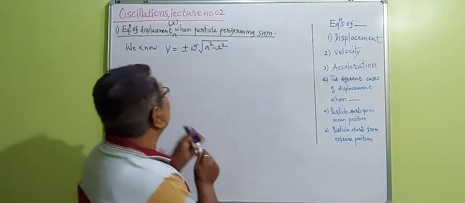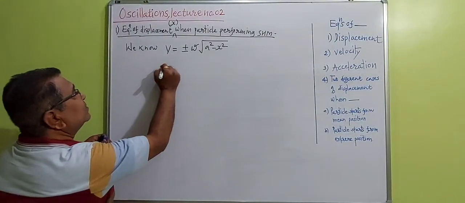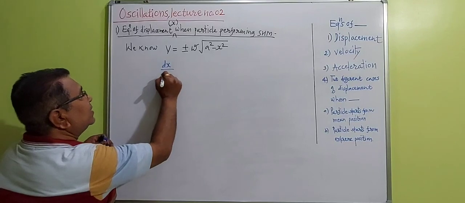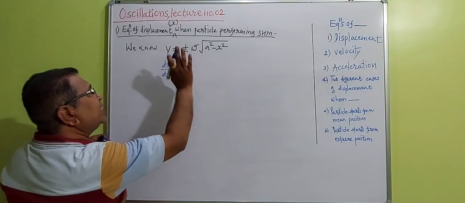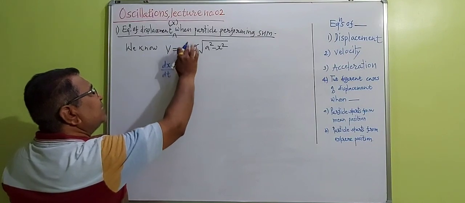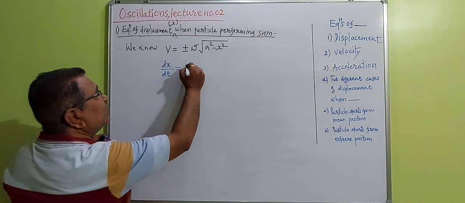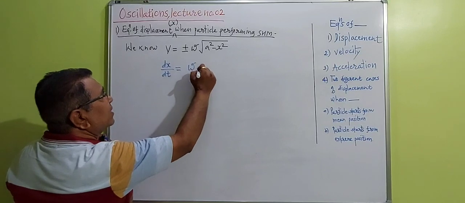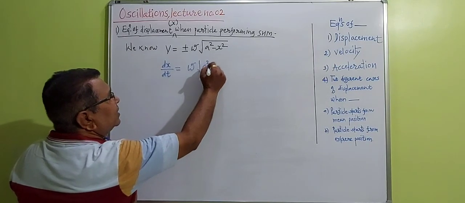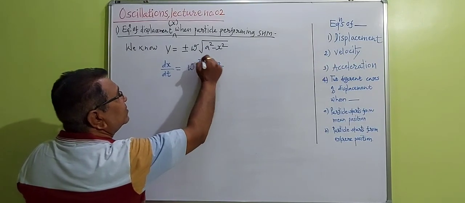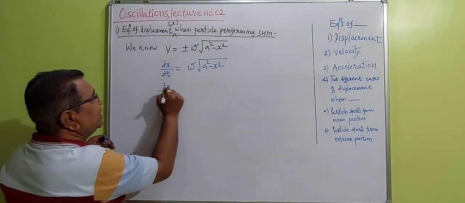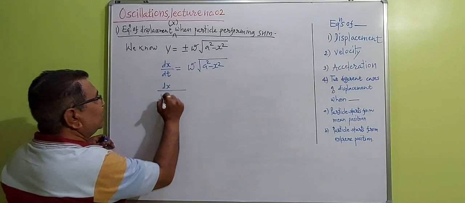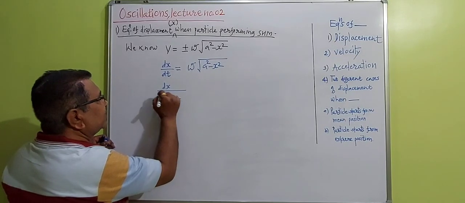So I will write here dx by dt is equal to, take only magnitude, neglect this positive or negative sign, omega square root of a square minus x square. So this may be written as dx upon square root of a square minus x square.